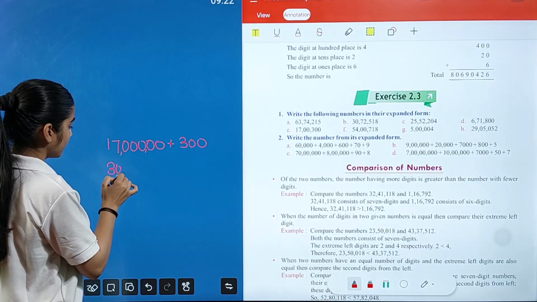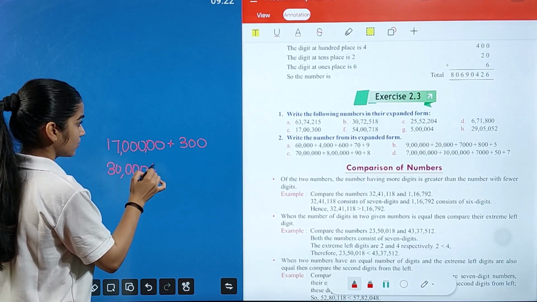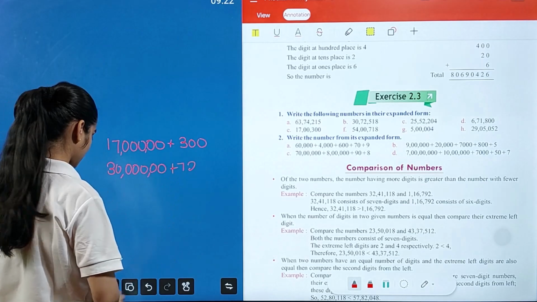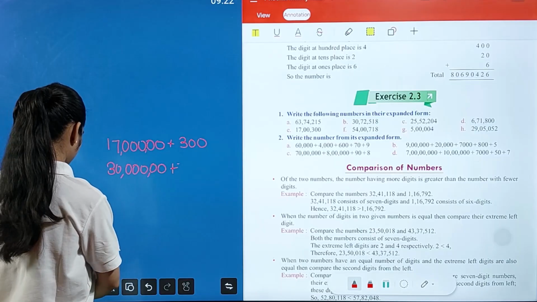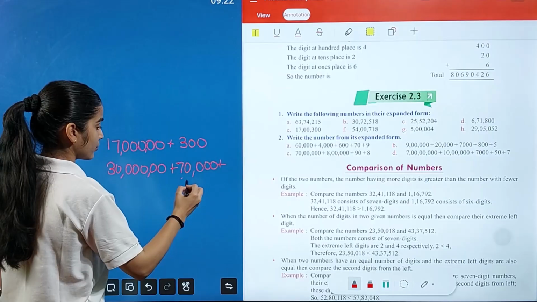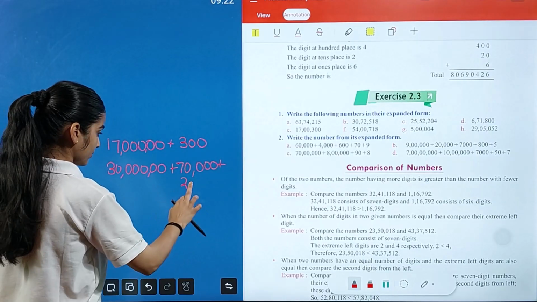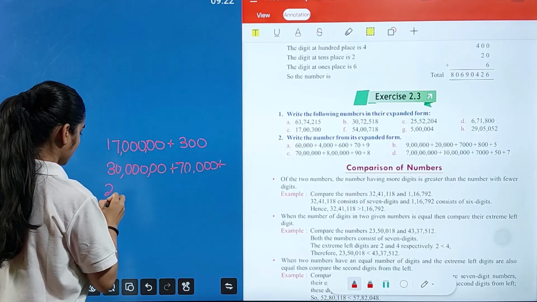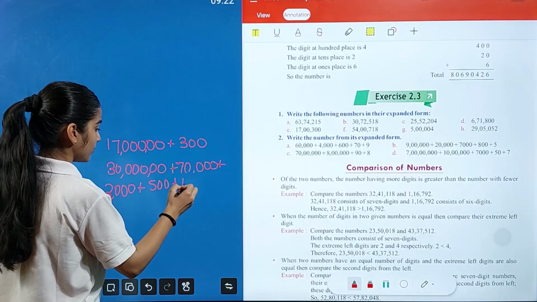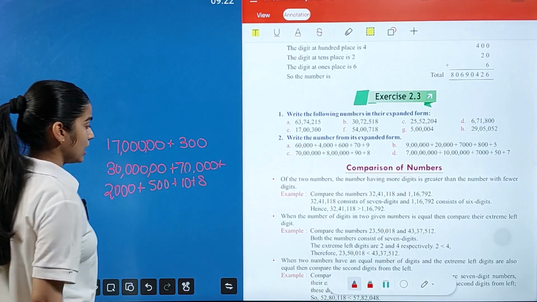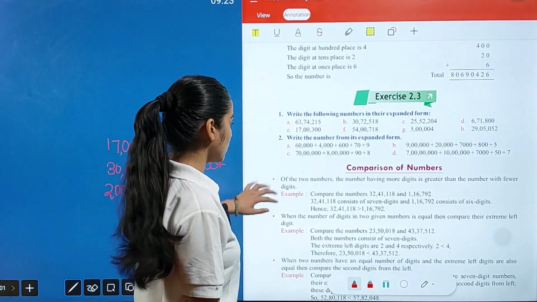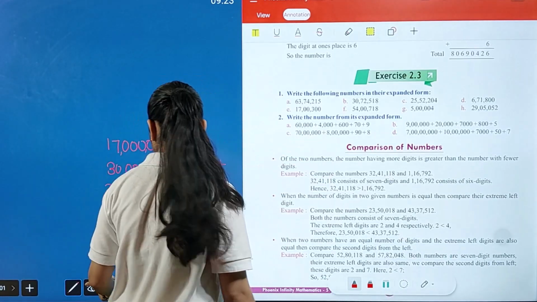So 30 lakh, 70,000, 2,000, 500 plus 10 plus 8. In the same way, you can easily write the expanded form of the rest of the parts you have in question number 1.